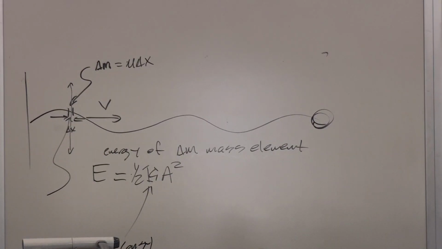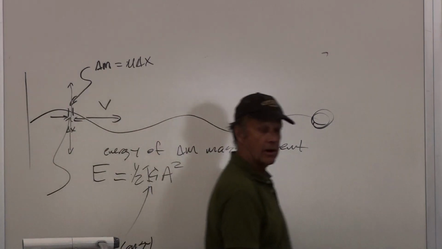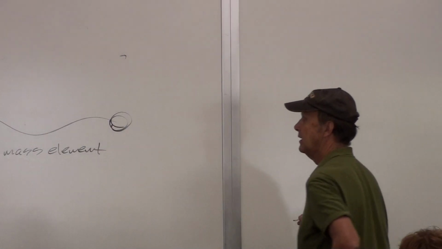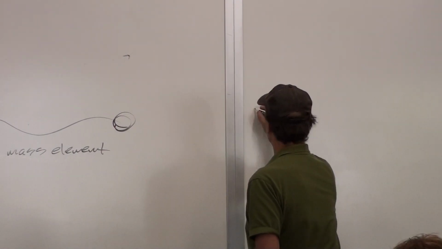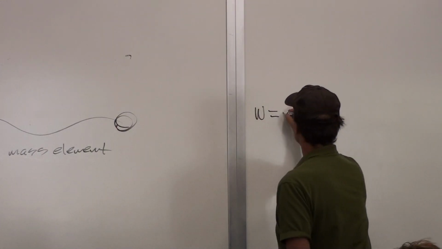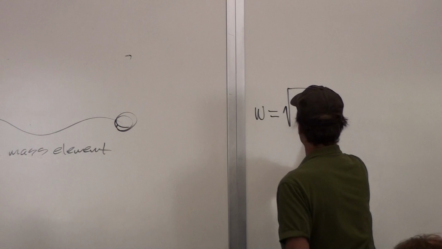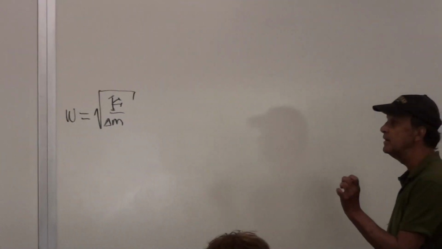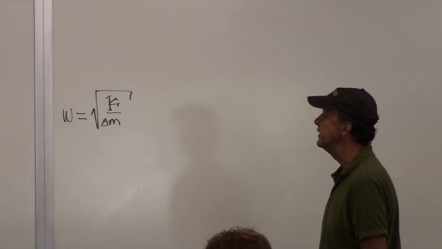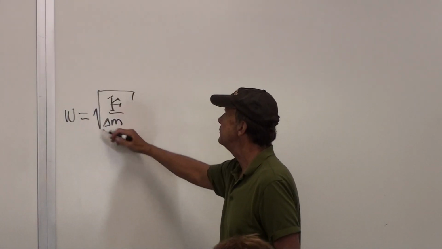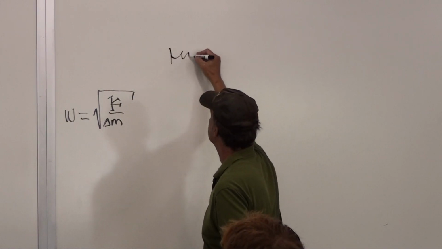That's our spring constant. And what we learned before in Physics 208A is that the frequency of a simple harmonic oscillator goes like the square root of k over m. So in this case, we'll look at that m as being that little element of mass on the string.